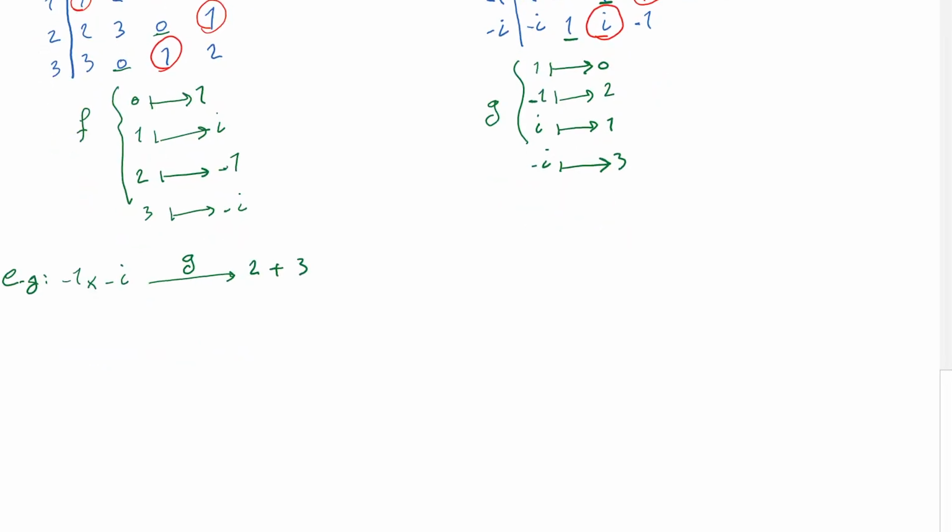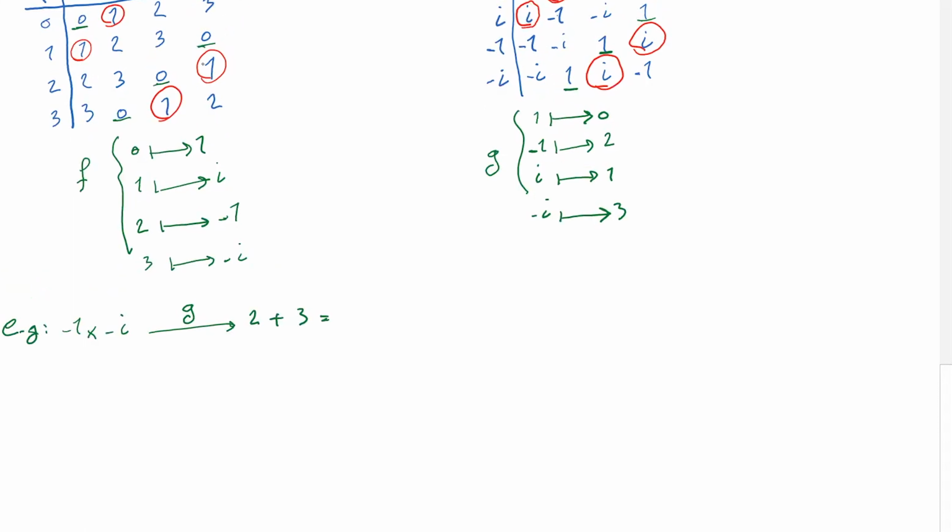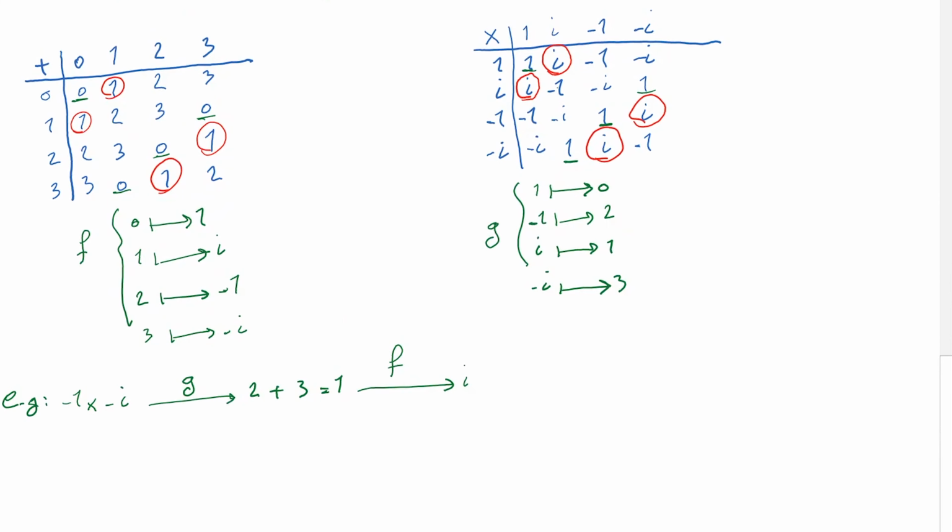If I add 2 and 3, the result is 1. Then I can map this element 1 back using f. So the result would be i. So if I do -1 times -i, the result is i, right? And that is exactly what I got.